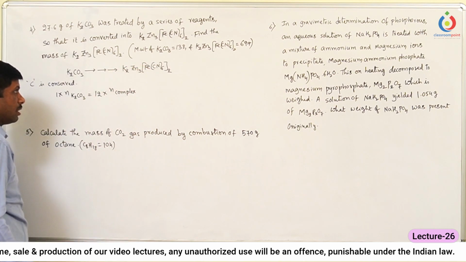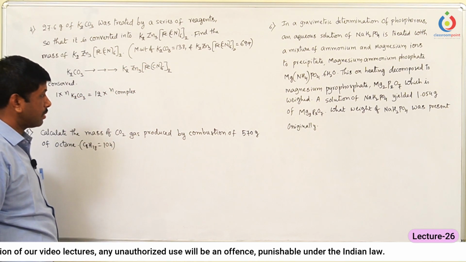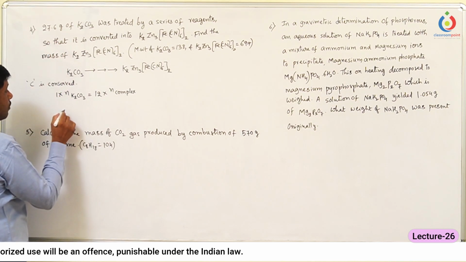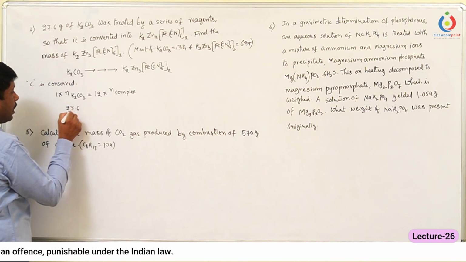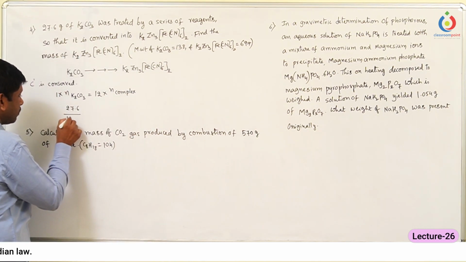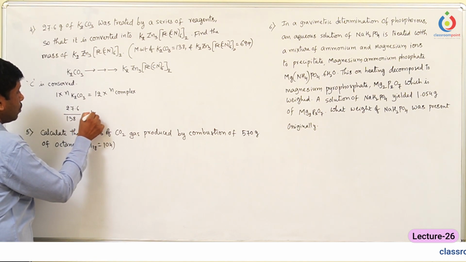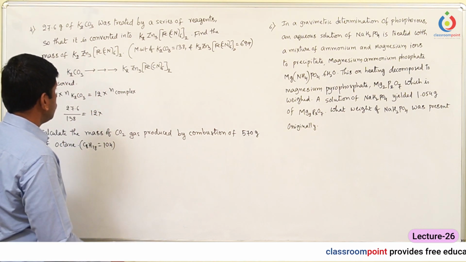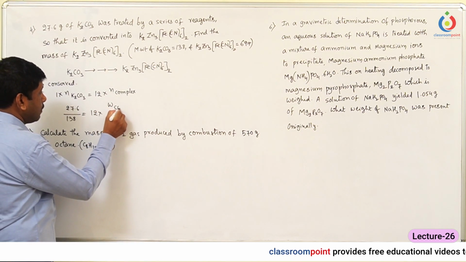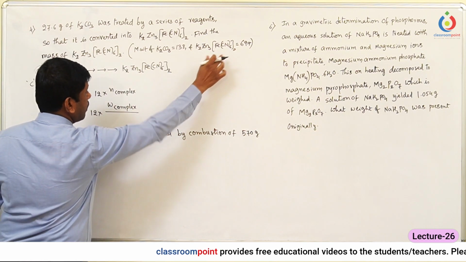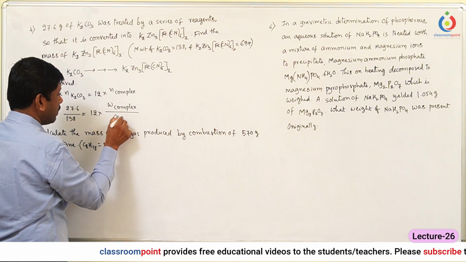I don't want to write this larger formula, so I am just writing complex. The weight is given: 27.6 divided by its molecular mass 138 is equal to 12 into the weight of the complex divided by its molecular mass, that is 697.